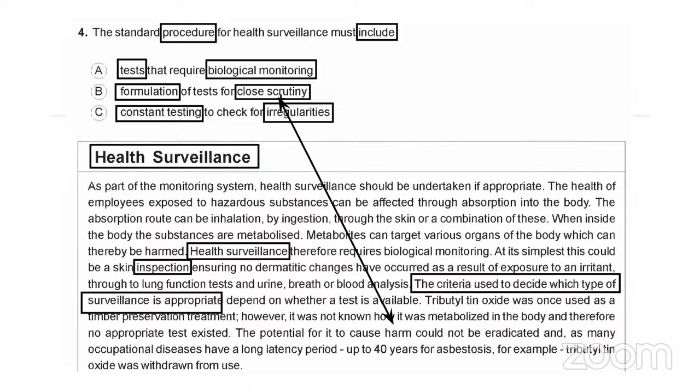Scrutiny for harm. Why should you scrutinize? Why should you research, probe, and investigate? Because there may be potential harm. Close scrutiny is needed because there may be some potential harm which cannot be eradicated, so you have to avoid such things.